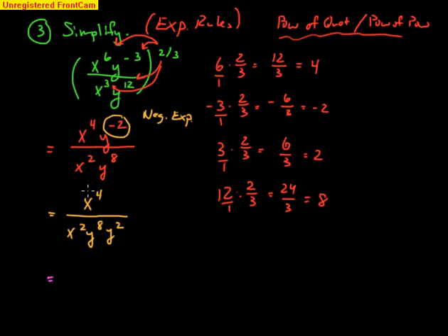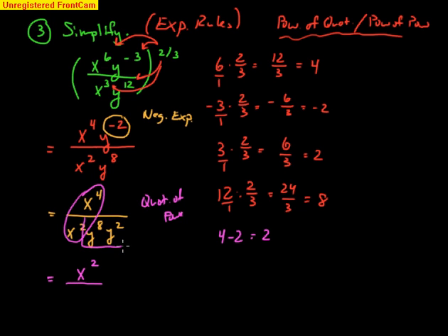Next, I'm going to do two things. With the x's, this is going to be a quotient of powers. Quotient of powers says you subtract 4 minus 2, and you get 2. So that is the x on top.